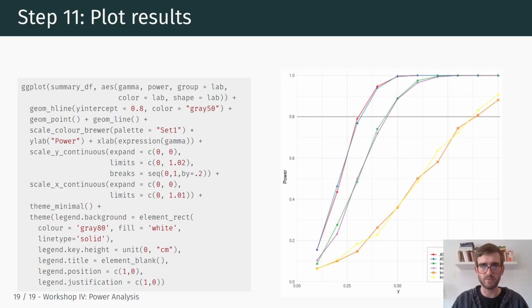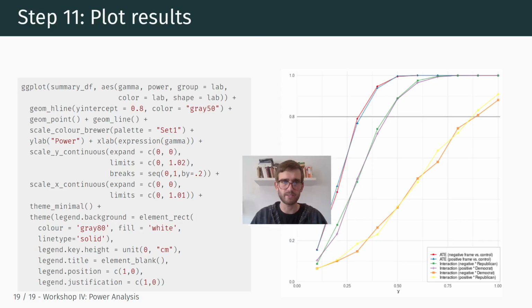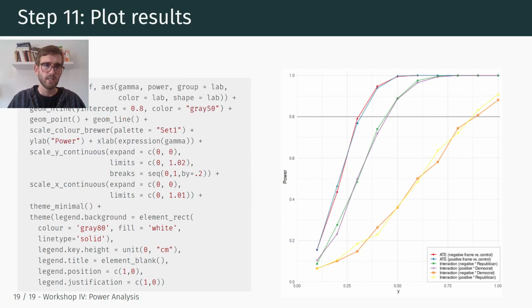This is the output that we get when we run this command, and what we see is now statistical power, as I said, on the y-axis. The acceptable level of power that we are looking for is 0.8. We have gamma on the x-axis.